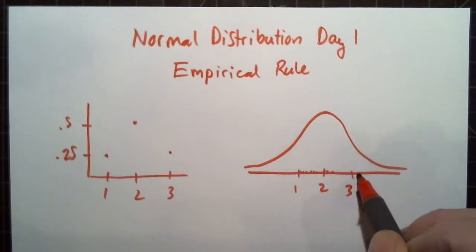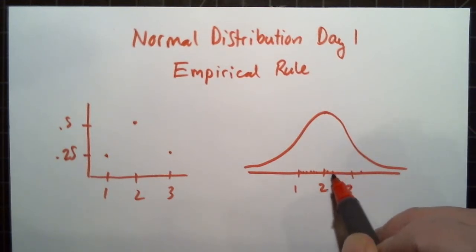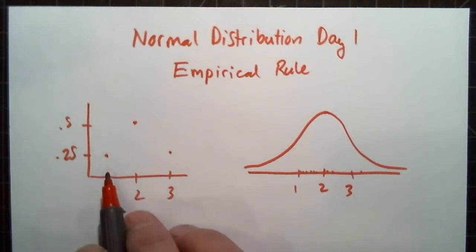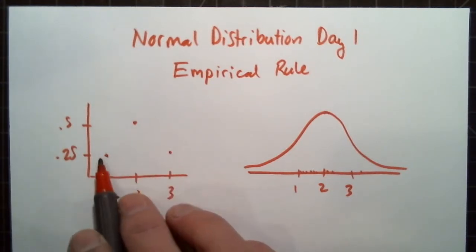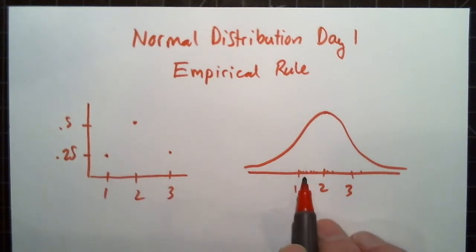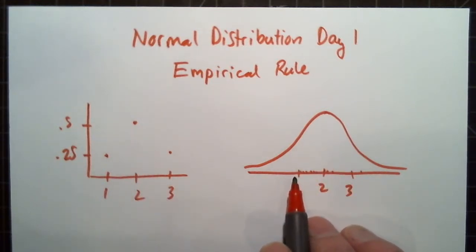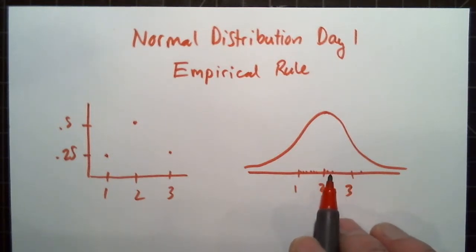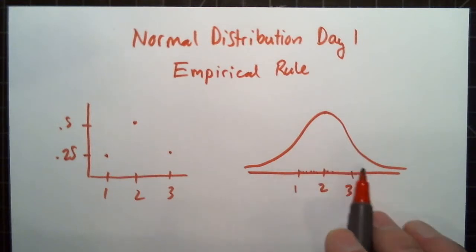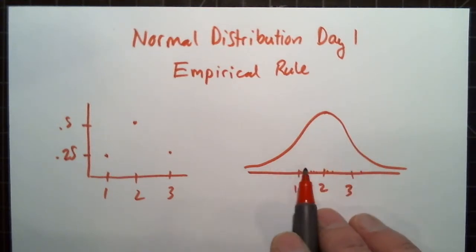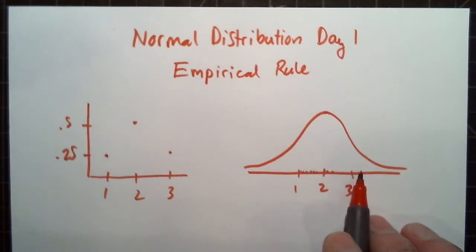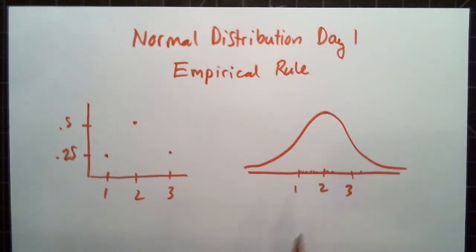So 2.1 and 3.5, all of these could occur instead of just 1, 2, or 3. So here we have the probabilities adding up to 1, but in a continuous random variable, the area has to add up to 1 because the area represents the probabilities of all these infinite possibilities.